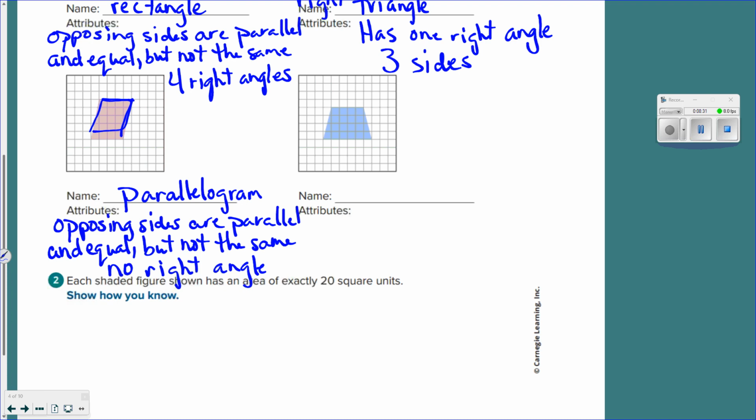Okay? And then we get to our light purplish shape. What do we call that one? Trapezoid, good job. And what is your distinguishing characteristic for a trapezoid?